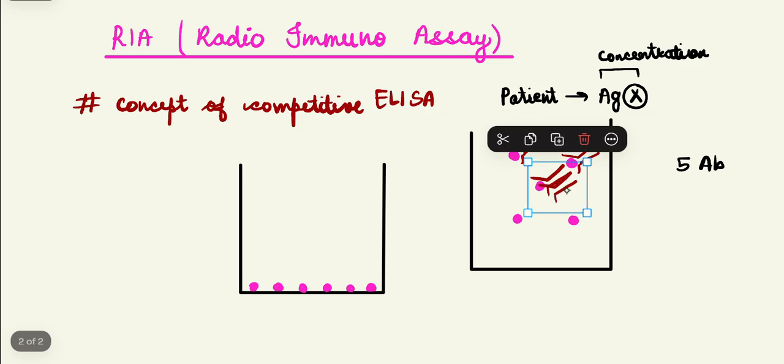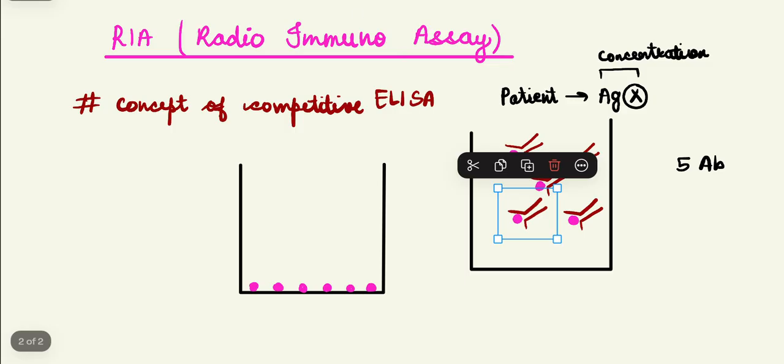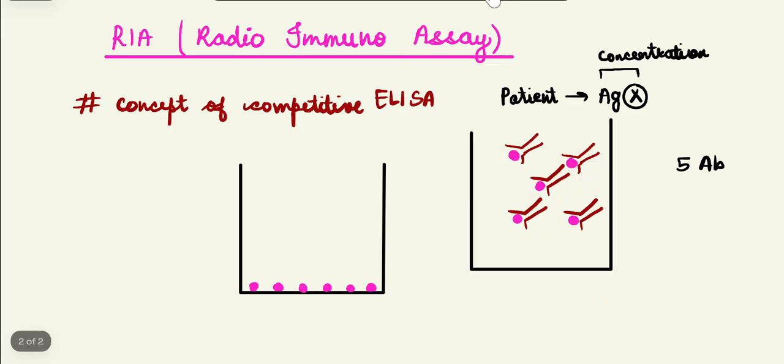One of them will bind here and one of them will bind here. So in short, we will have no free antibodies available, because all the antibodies have bound to the antigen.